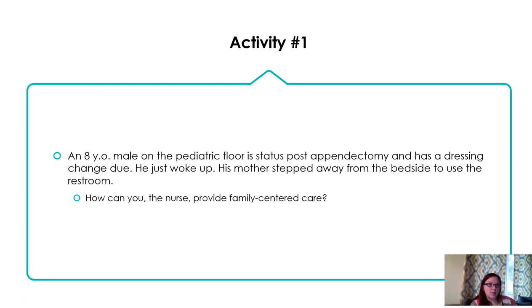Your tasks, things that you need to do right now include getting this dressing changed. But he's 8. He's probably scared, right? We're going to talk next week on how knowing their age will help inform your assessment, because their developmental stage is going to come into play here and how you interact with the child and with the family.